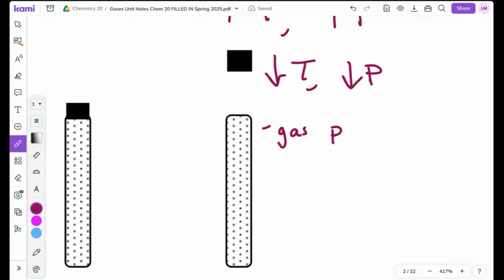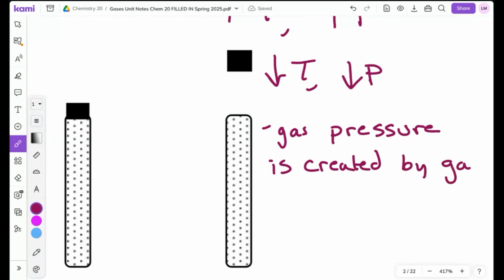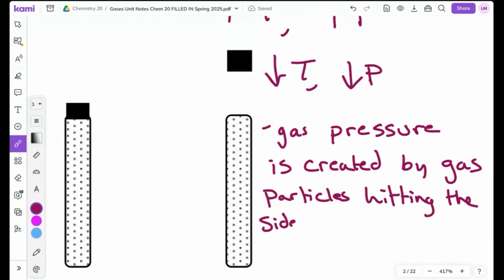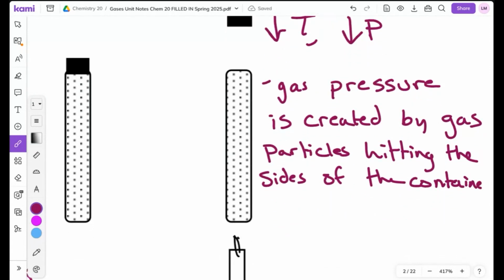Gas pressure is created by gas particles hitting the sides of the container. The container being whatever container your gas is in.